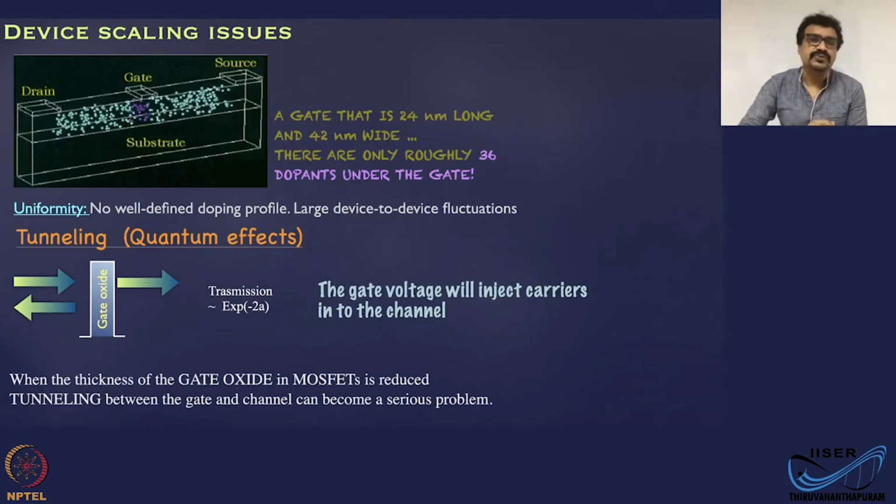So what are the issues? We already looked into one of the issues, that you don't have a well-defined on or off state, or you can have leaky systems. Okay, now the second issue is related to the uniformity of operation.